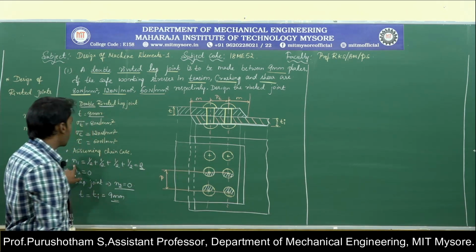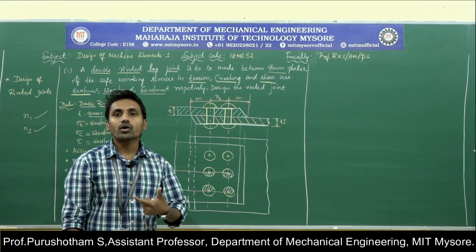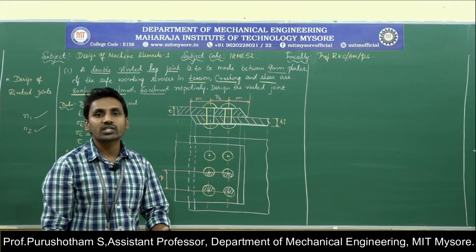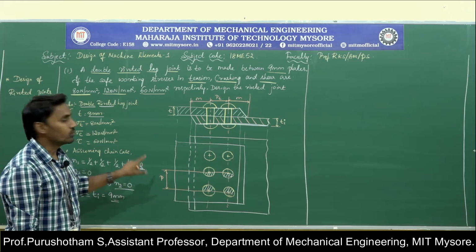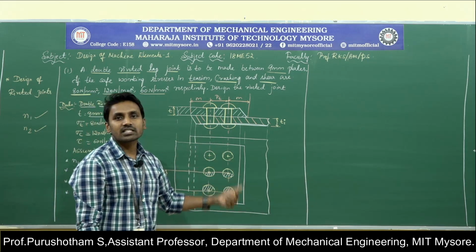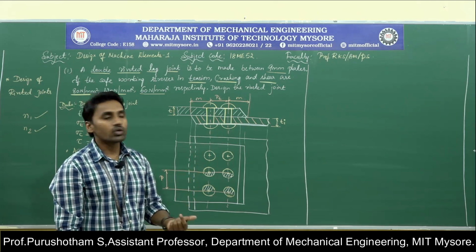So we found the N1 value, which is equal to 2. That is the number of rivets subjected to single shear in the double riveted lap joint. Once we finish this step, then we can move on to the design of the riveted joint.